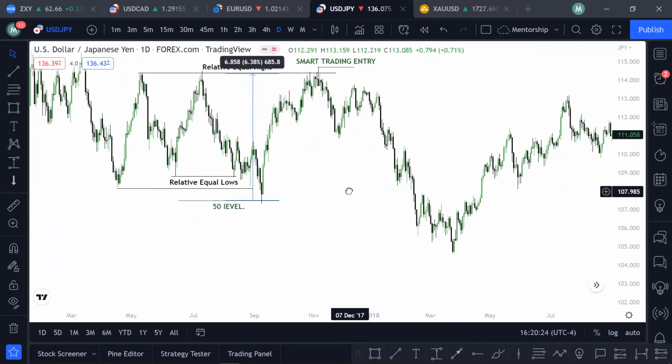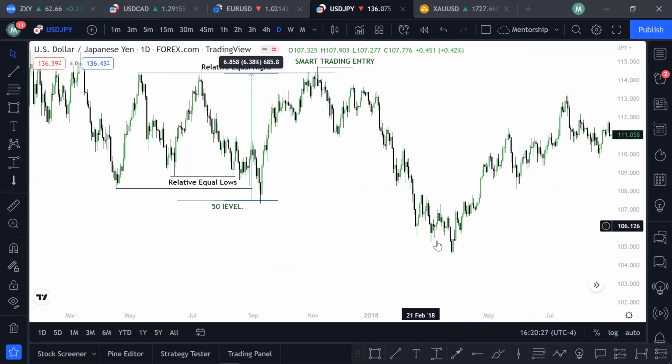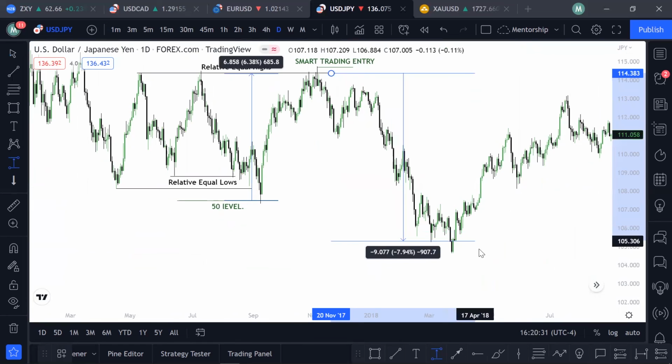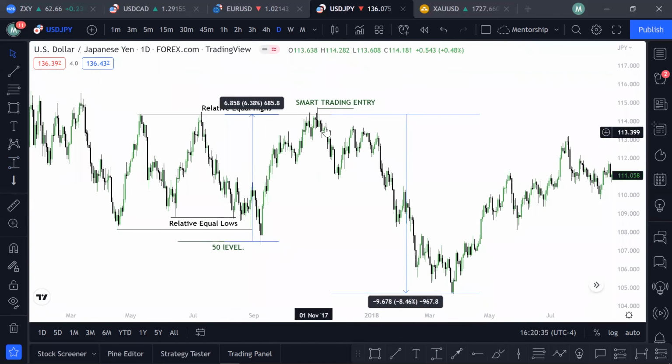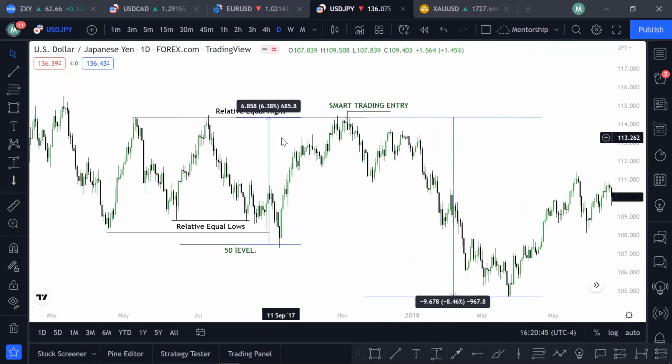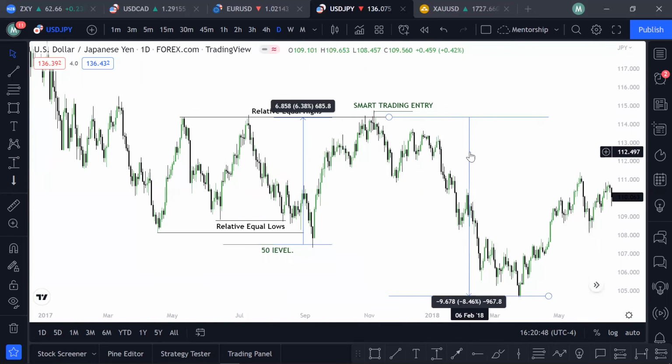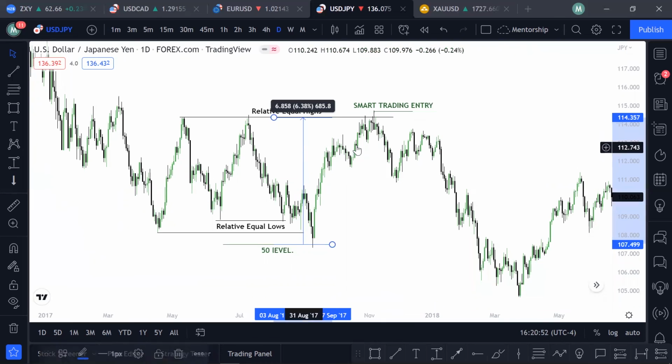This is how profitable traders look at the market, not using retail concepts. 1,000 pips just on a single currency pair. I'm not talking about money here, we are talking about pips. A profitable trader must not consider how much money they're earning, but how many pips they are taking home.